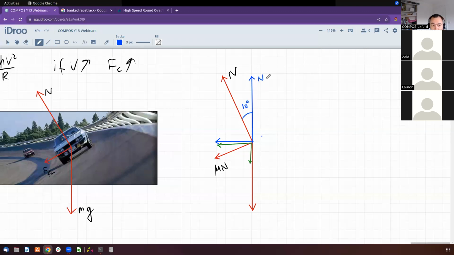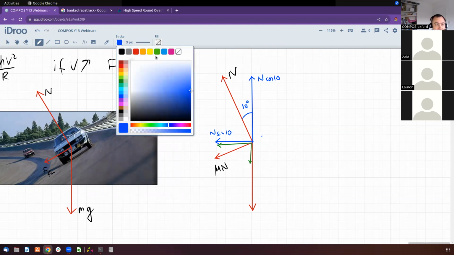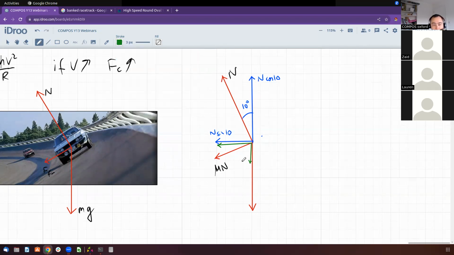So this is N cos 10. This is N sine 10. This is mu N sine 10. And this is mu N cos 10.